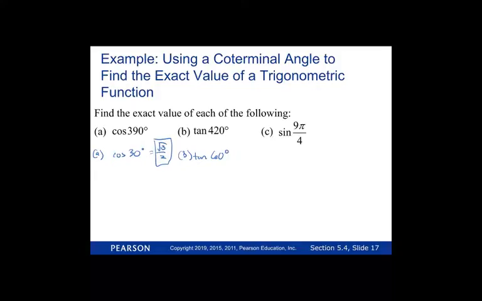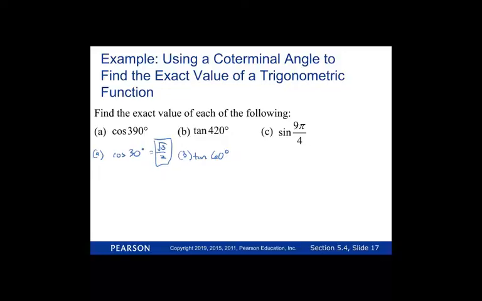So 60, let me see, 1, 2, 3. Okay, anybody got that result, tan of 60? I need an exact result. Okay, what's sine of 60 degrees? Okay, sine of 60 is root 3 over 2.